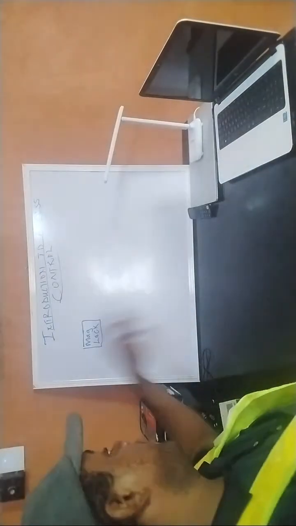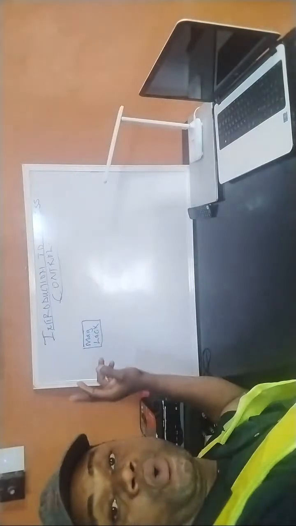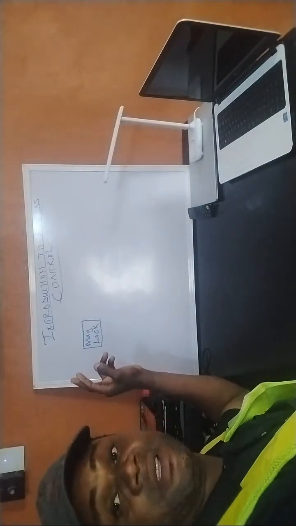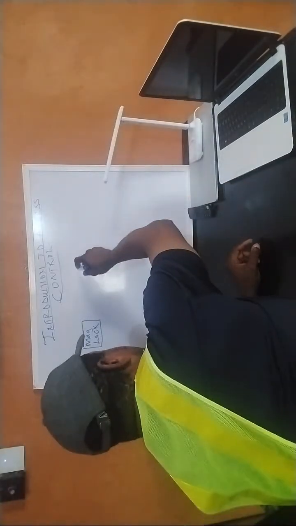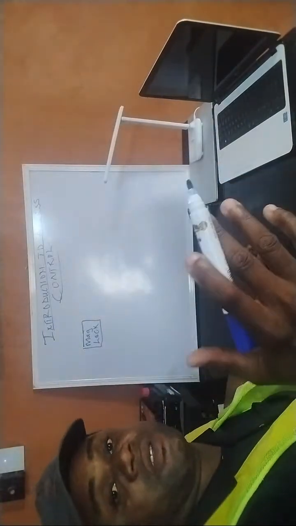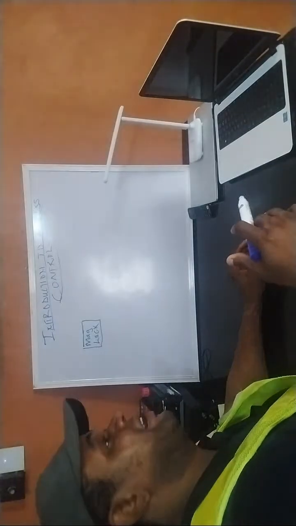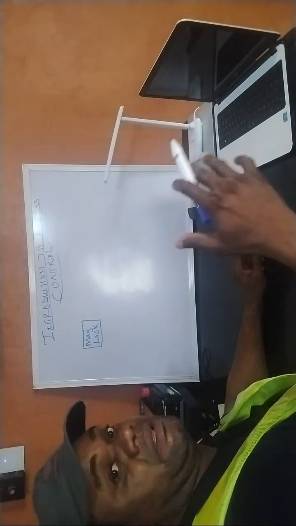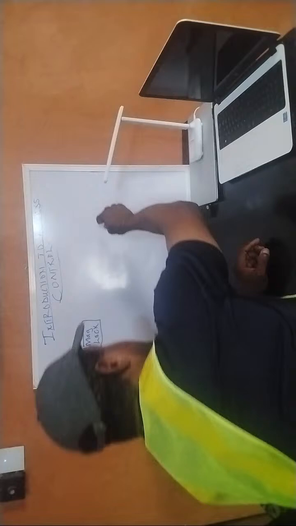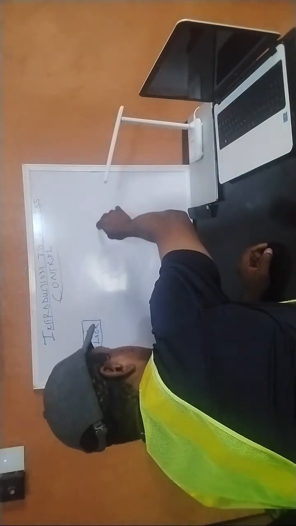Okay, if this is a magnetic lock, then we need to talk about having a reader. Let's make it such that we have a reader outside, and every other thing is inside. Here we have a reader.